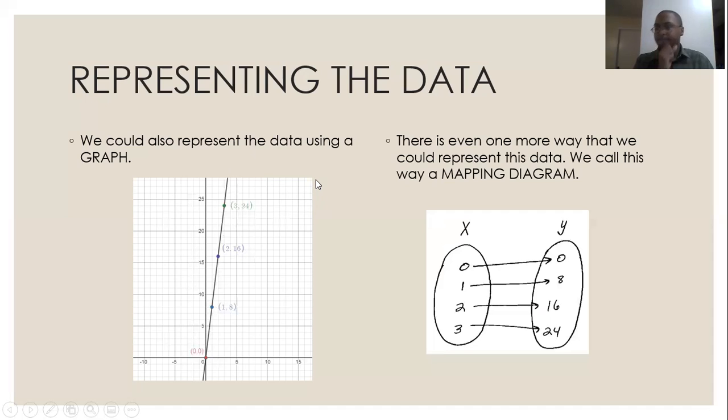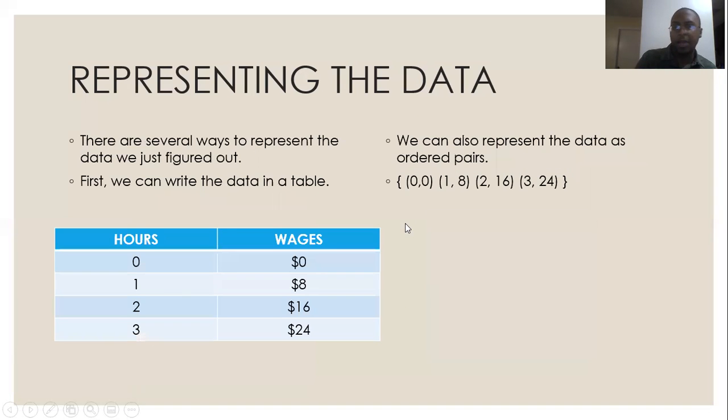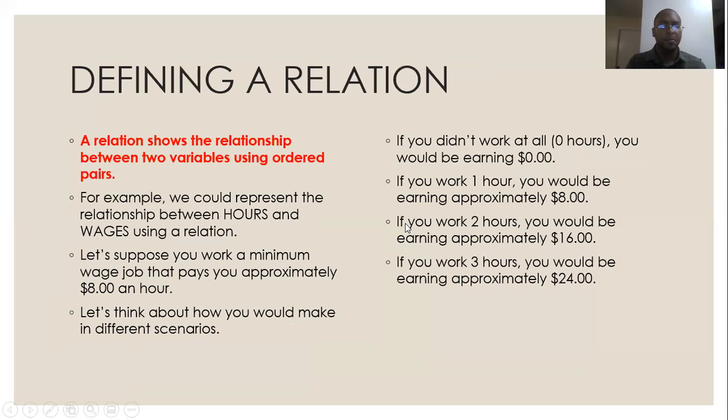Now, there's actually one more way that we can write this out, and what we call is a mapping diagram. I'll talk about that in a second. But just to recap, that's what we know already. You guys work jobs.